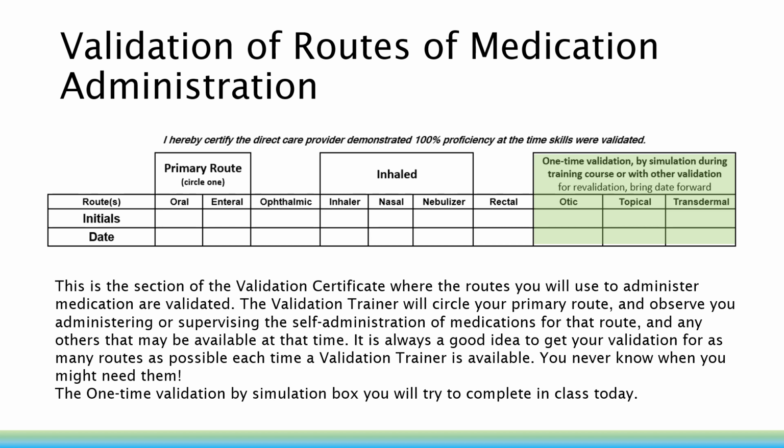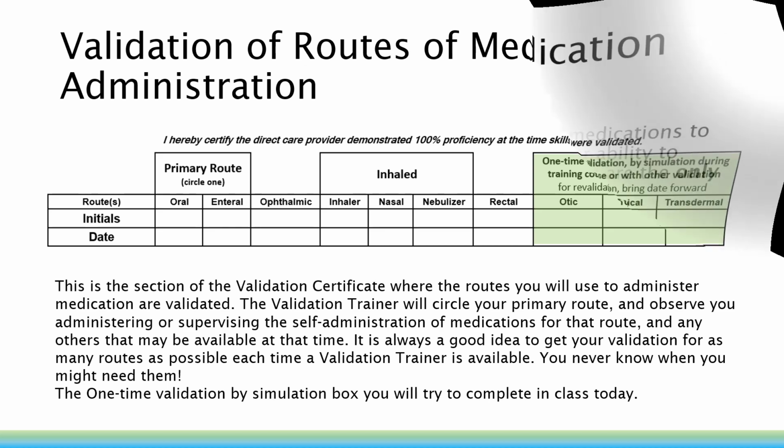But the MAP needs to keep the old validation certificate in order to be able to supply the expiration dates for the rest of the routes, like rectal, inhaled, ophthalmic, and enteral. This must be easily accessible on request.